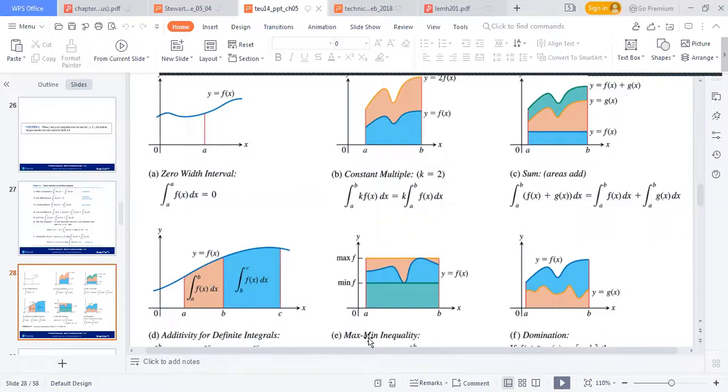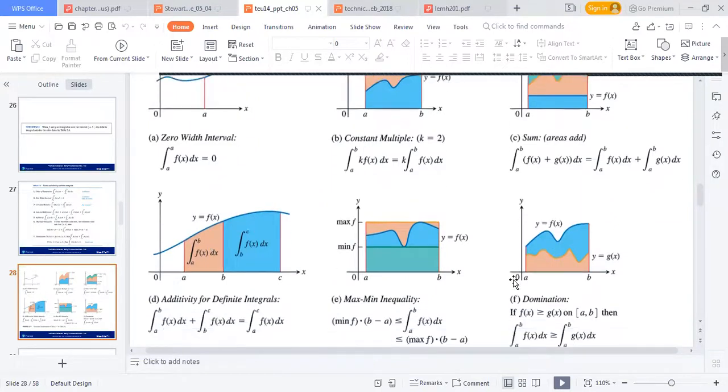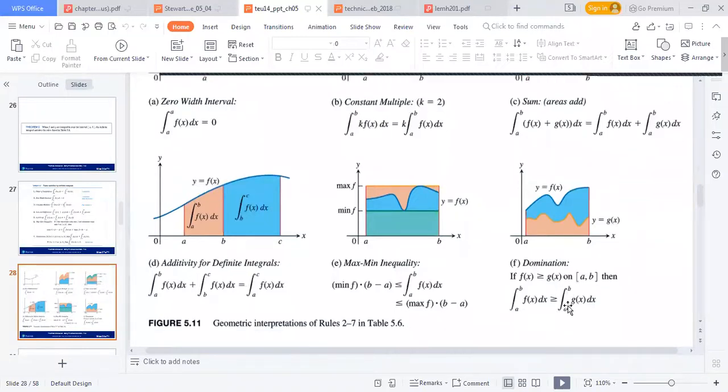Similarly, the max-min inequality, the last property, will be given by this. This is also the geometrical interpretation of domination: for any two functions, if f of x is greater than or equal to g of x, then their area will also be greater than or equal to the other.